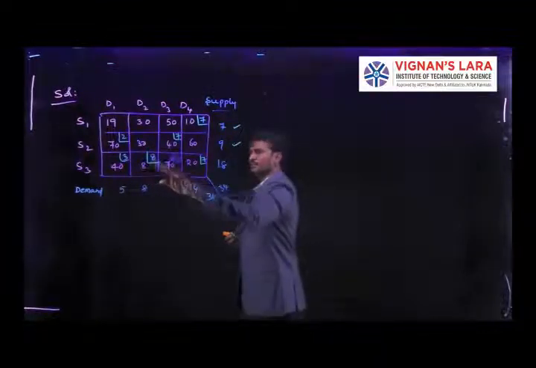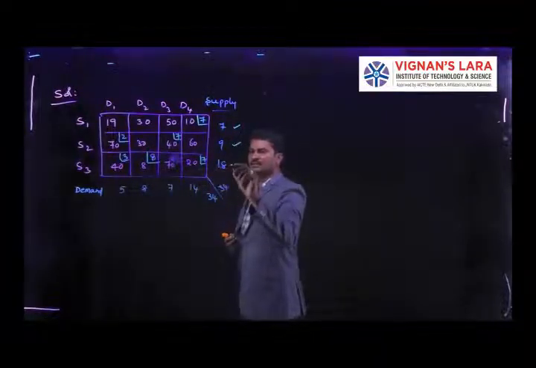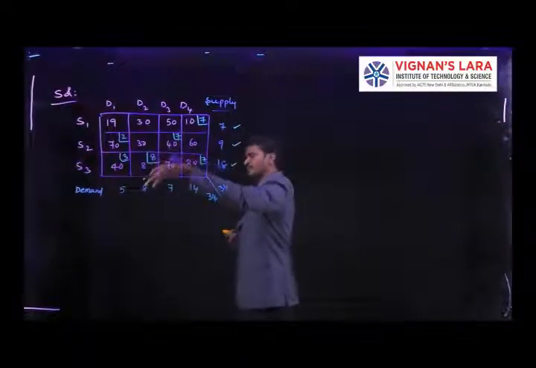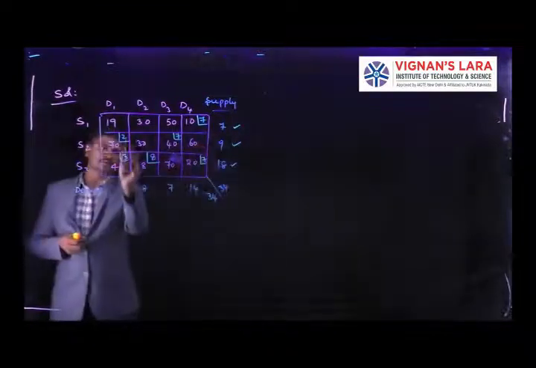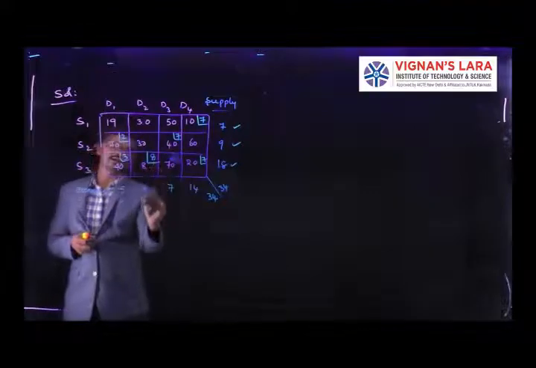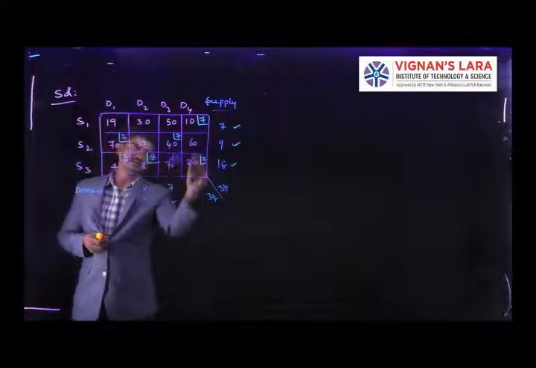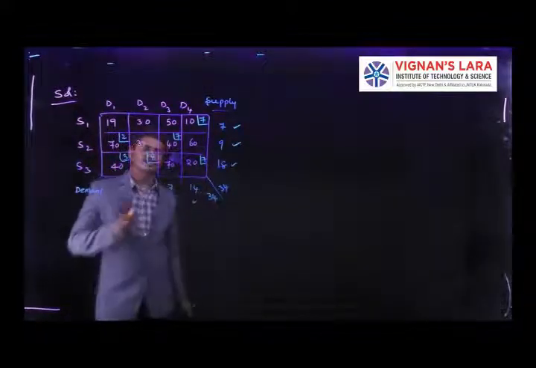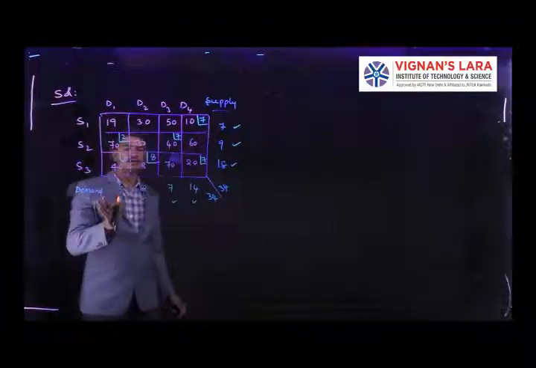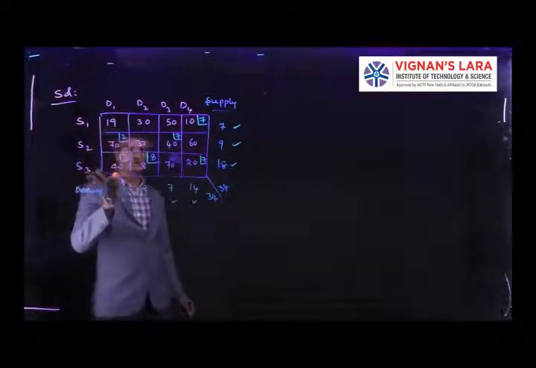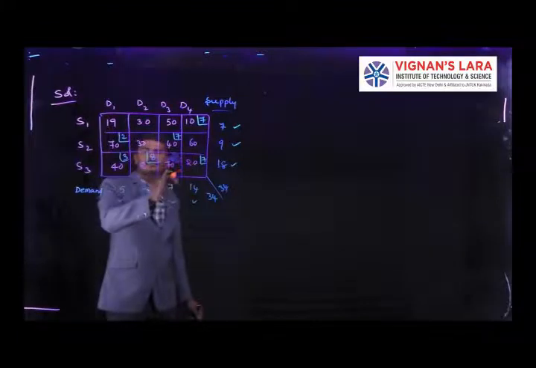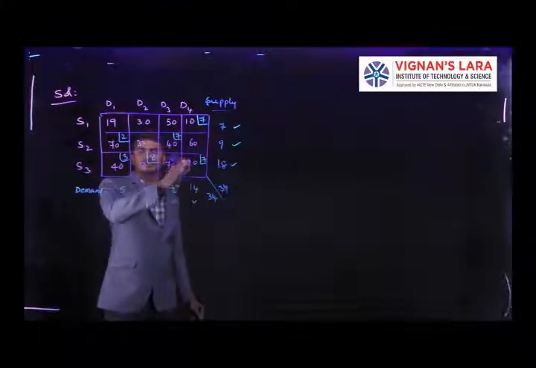Next, coming to this 7, 3, 8, it is also satisfied. Next, coming to these D1, D2 stations, here demand is 5, 2 plus 3, 5 is satisfied, and here 8 is satisfied, here 7 is satisfied, and here 7 plus 7, 14 is satisfied. So the total supply and total demand is satisfied. We have successfully transported the given units from the supply to the demand stations.